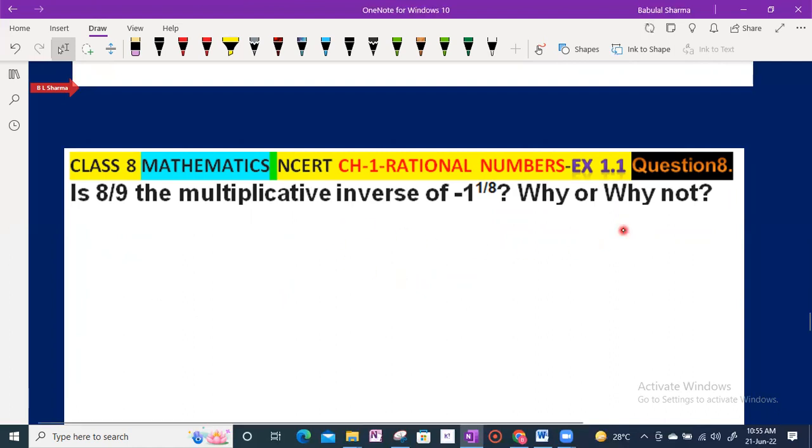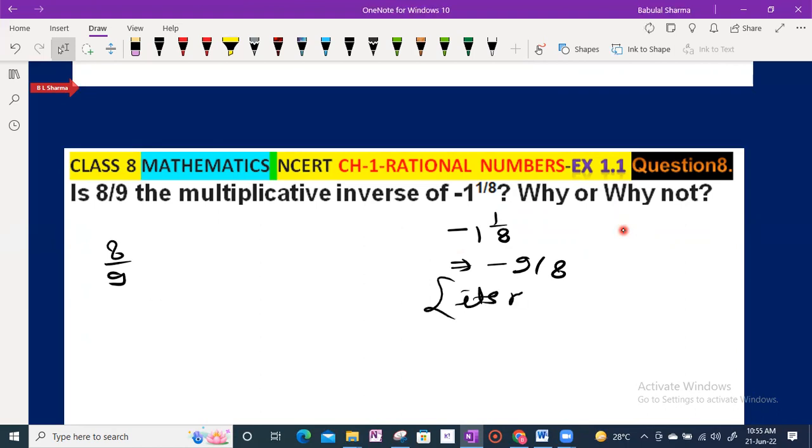Multiply 8 by 9, that is actually minus 1 by 8. So we can write here 8 by 9 into, first of all you simplify, 8 ones are 8, and that is minus 9 upon 8. And what is the multiplicative inverse?